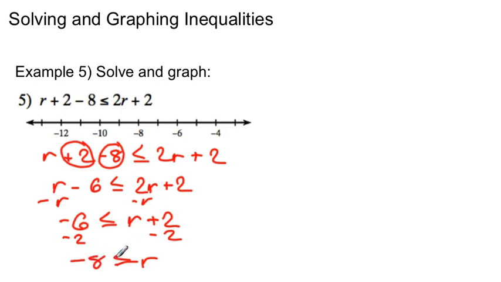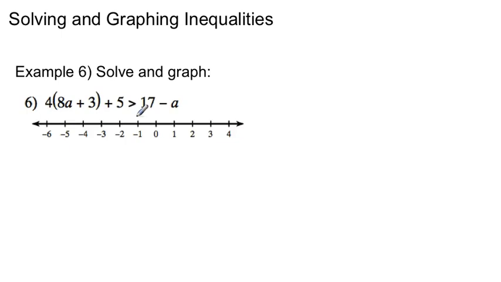As written, negative 8 is less than or equal to r. So I get a circle around negative 8. r is bigger than negative 8, so I want to shade in everything bigger than negative 8. But it could also be equal, and so I want to close in my circle as well.